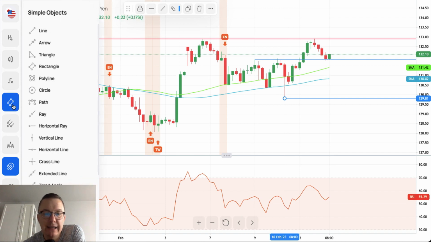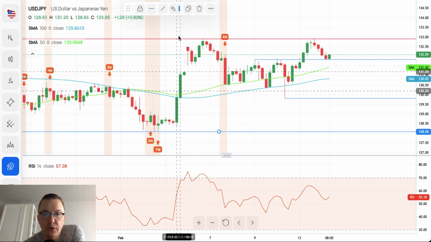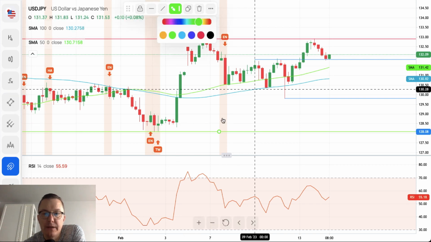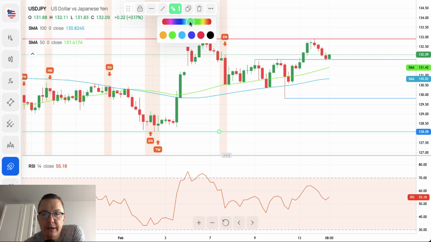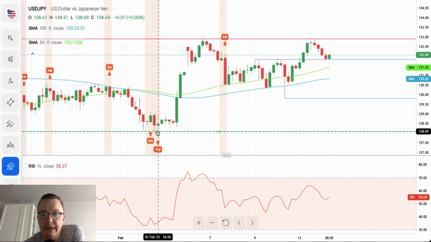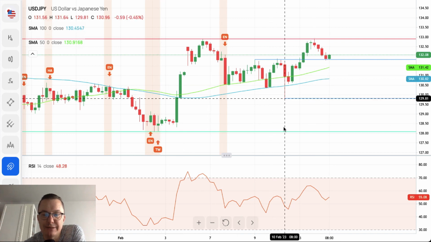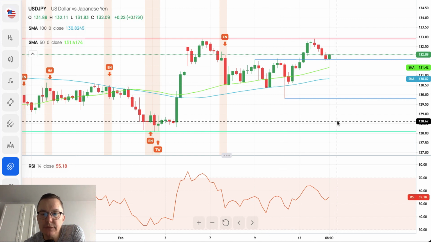Of course, the key technical support is located at the level of 128.08, and this is the green line here. That's the level that holds the bearish pressure. If it's broken, then of course we should expect lower prices to come very soon.